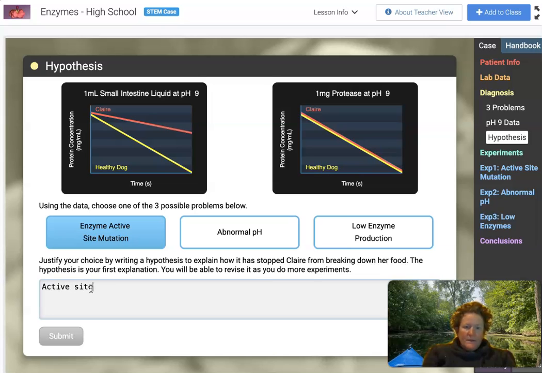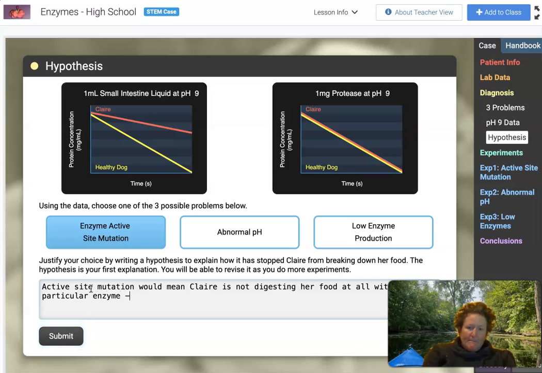Active site mutation would mean Claire is not digesting her food at all with that particular enzyme, which in this case is a protease. Protease is an enzyme that breaks down protein. The beginning of the word, pro, means it breaks down protein, and ase tells you it's an enzyme.